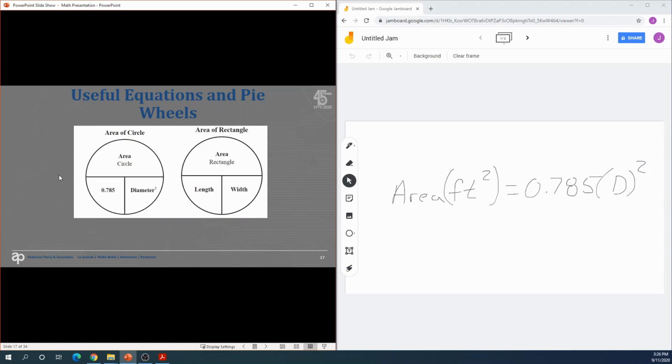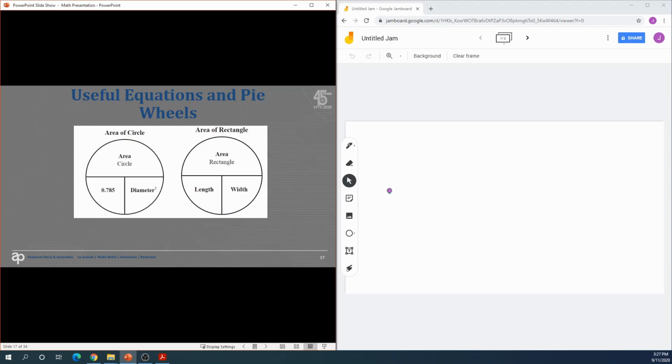So again, the way the pie wheels work is one half of the equation is on the top half of the circle. So our area is going to be on the top half, while what that equals is going to be on the bottom half. So it equals 0.785 times our diameter squared. Now, it's real similar for the area of a rectangle.